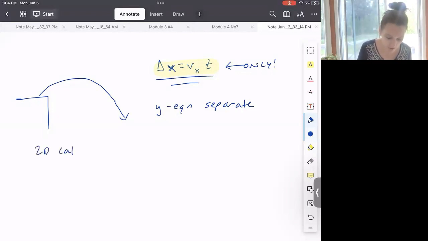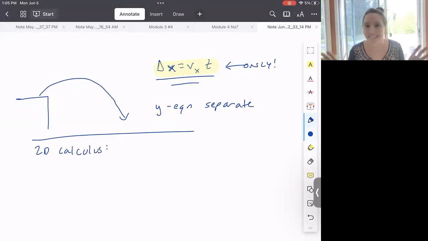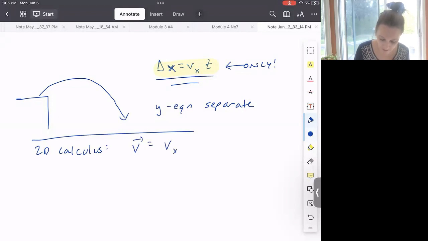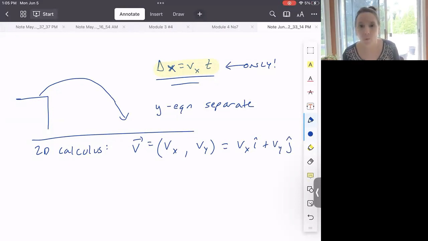For 2D calculus problems, just remember, again, keep X and Y separate. It's a theme throughout our entire course. Let's say, for example, we have some velocity vector where we'd have some Vx and Vy components. We could write it like this, or we could write it in our i hat and j hat notations like that. Those are equivalent ways of writing our 2D vectors.